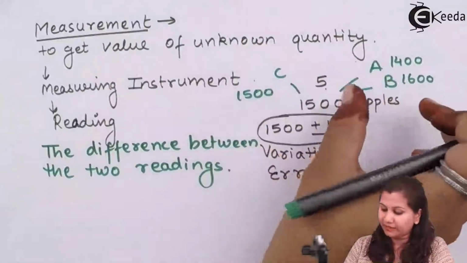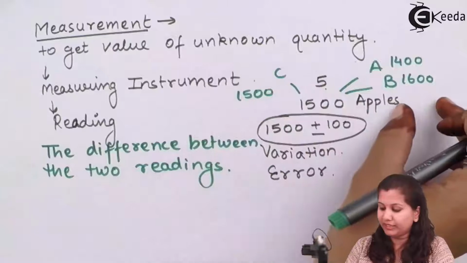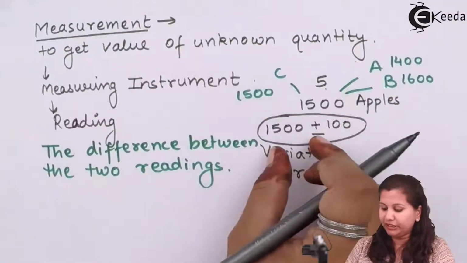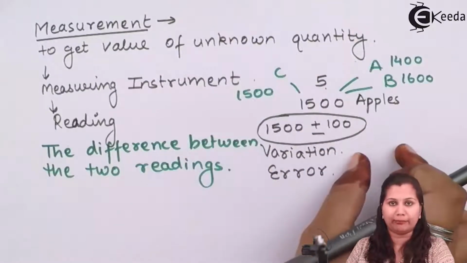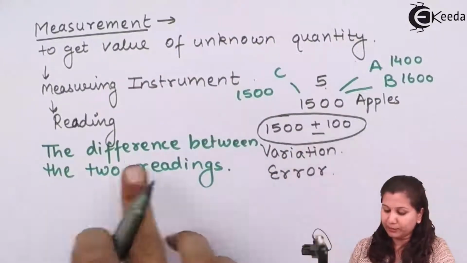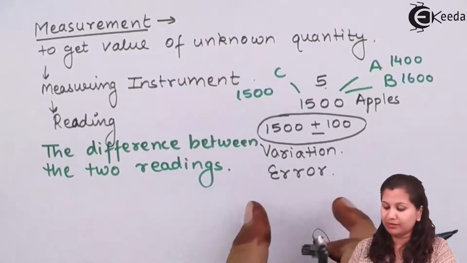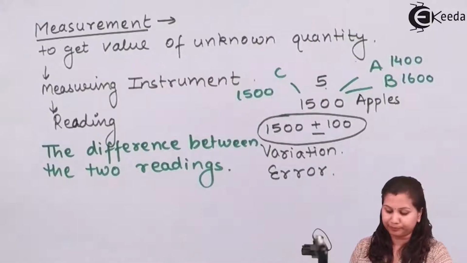So we are getting values in the range of 1500, 1600, 1400. We can define it as 1500 plus minus 100 apples. This difference between the readings which we get from different observers, or from the same observer also, is called the variation.